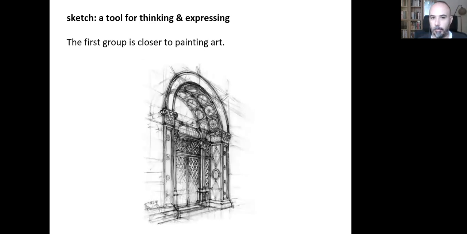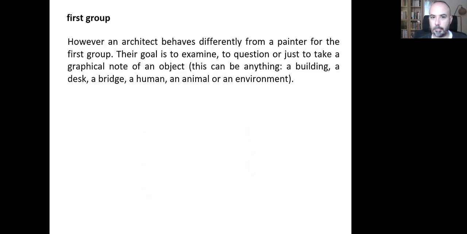Let's look at the first group. It is mainly closer to art, painting. As you see here, this is a very nice sketch. But an architect behaves differently from a painter. The goal of an architect is to examine, to question, or just to take a graphical note for an object.